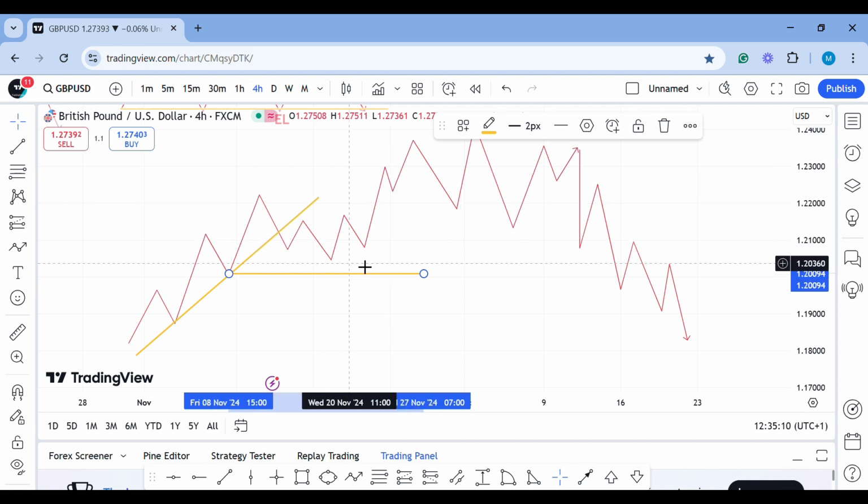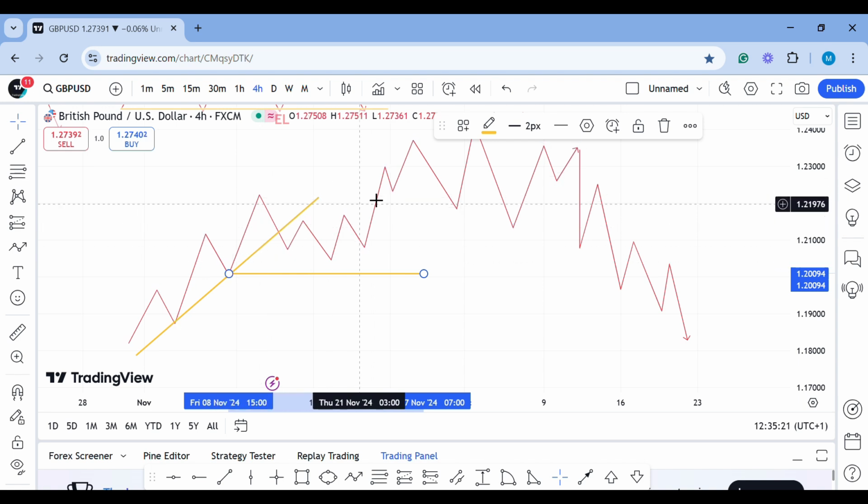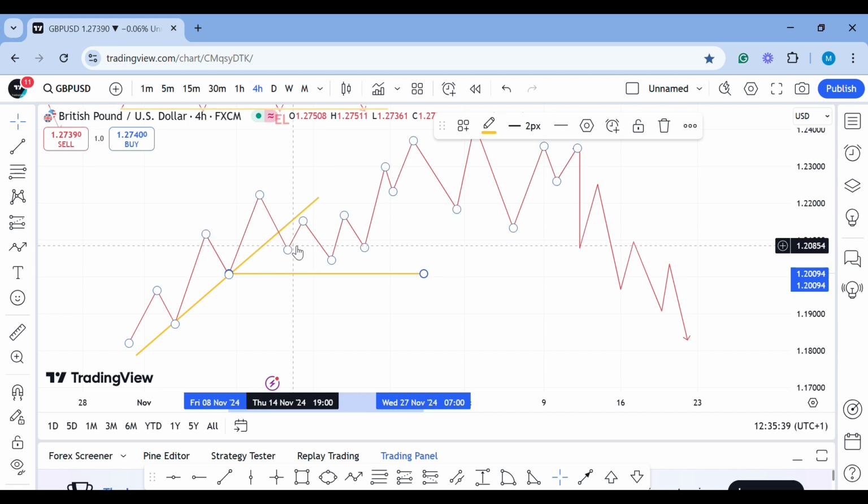Then before the market finally came to break this high, this high now gives birth to this low, and this low now gives birth to this high, not this low and not this high, because this previous high is higher than these two highs here. So this is the valid high, and this is the valid low. Why this is the valid low is because this low is lower than this one.